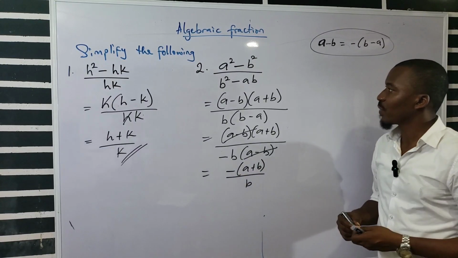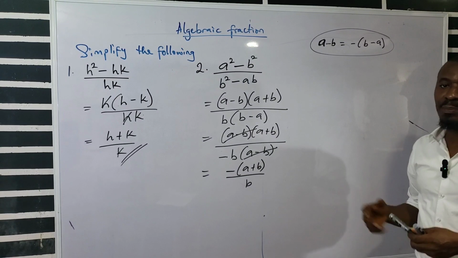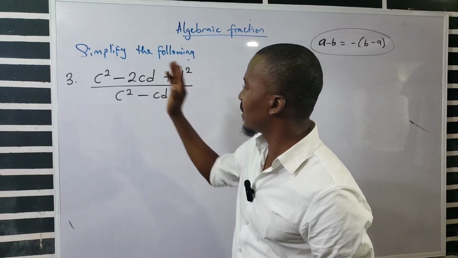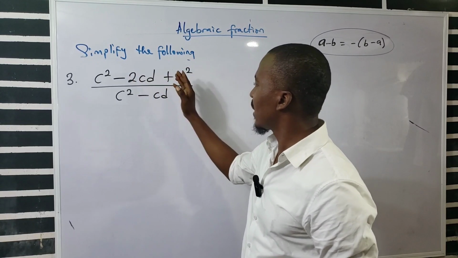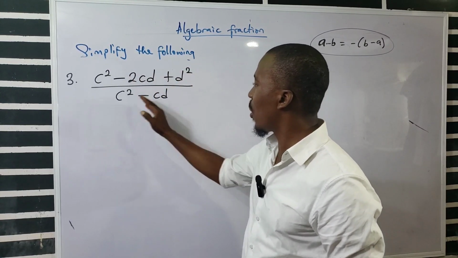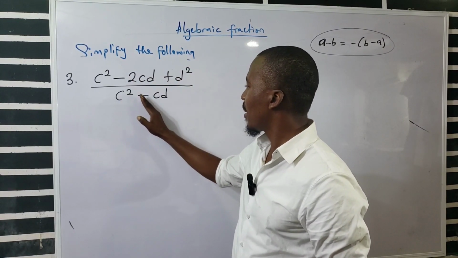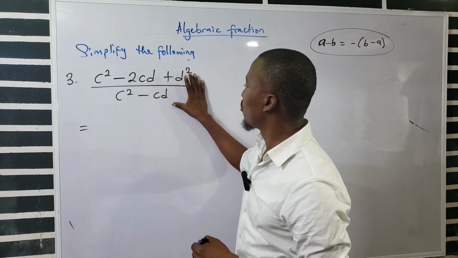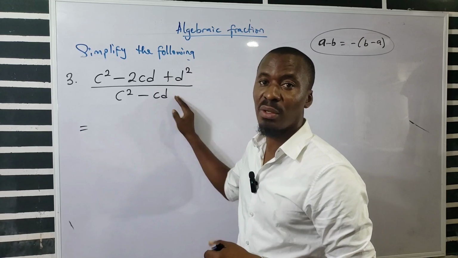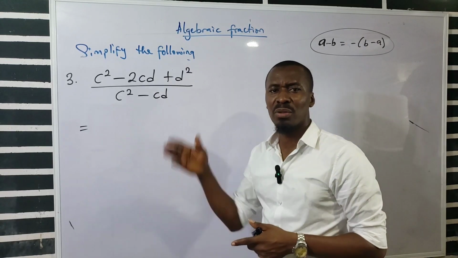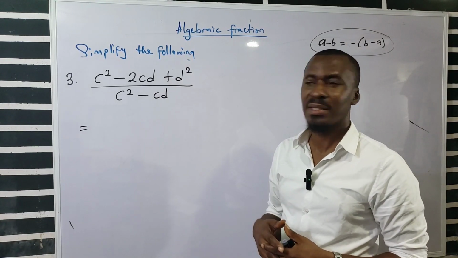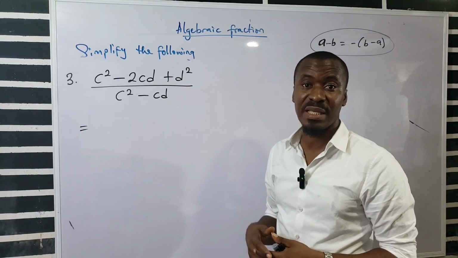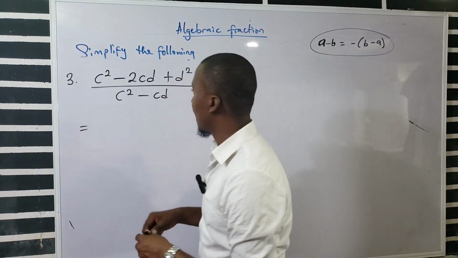So let us move to example 3. Our example 3 here is c square minus 2cd plus d square all over c square minus cd. Factorize the numerator and factorize the denominator. You will definitely see something that is common. You divide it and make it simpler, or leave it in a simpler form. So let us quickly do that.